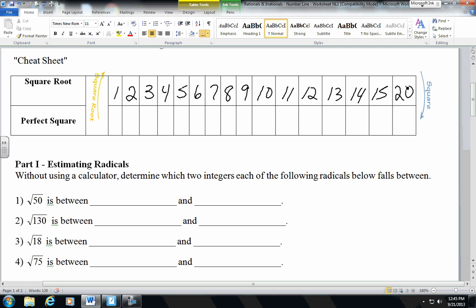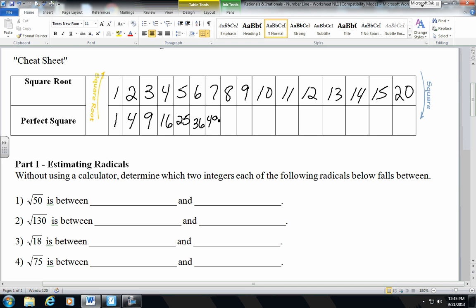So those are what we call square roots of the perfect squares, which we're going to put along the bottom. So the perfect squares are these whole numbers times themselves. So 1 times 1 is 1. 2 times 2 is 4. 3 times 3 is 9. 4 times 4 is 16. 5 times 5 is 25, 6 times 6 is 36, and so on.